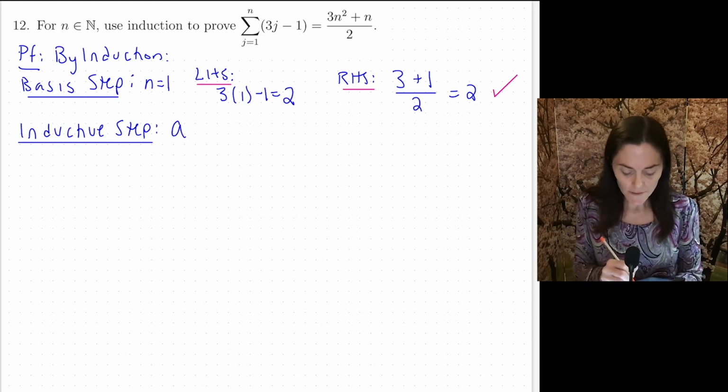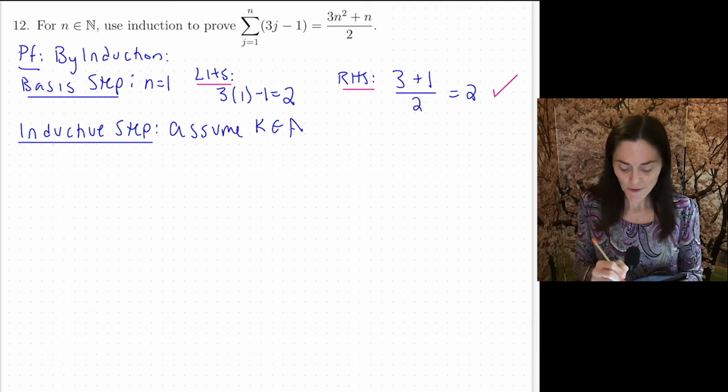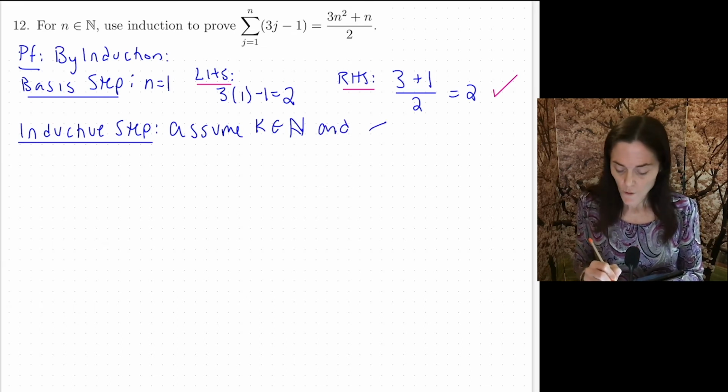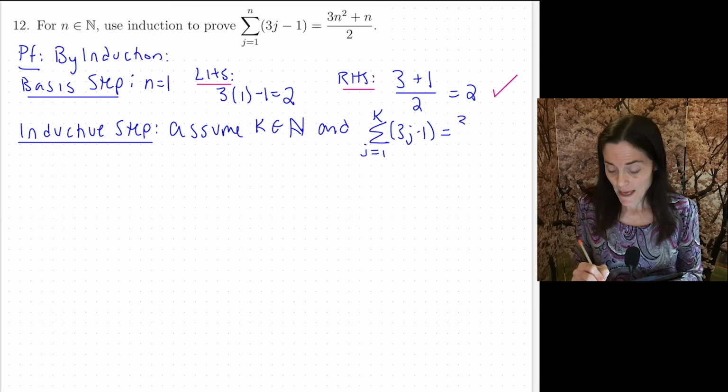Now for the inductive step, we assume k is a natural number, and, well, if you add j equals 1 to k of 3j minus 1, we get 3k squared plus k, all divided by 2.